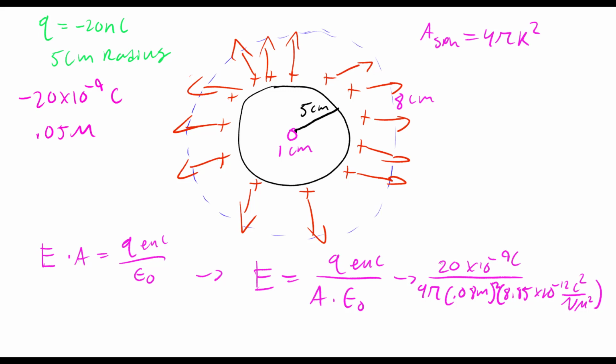You end up getting an E field of about 28,100, and you should be good to go for that one. It doesn't matter if you don't have your units. We have what we wanted. So that's how you would do that.